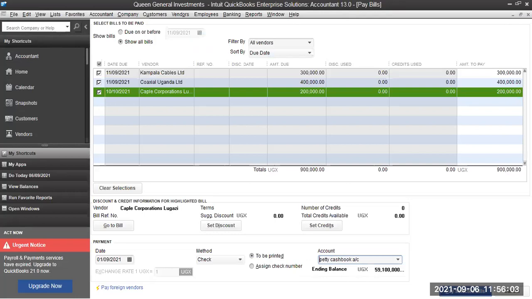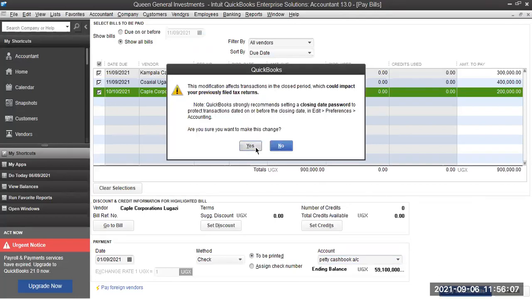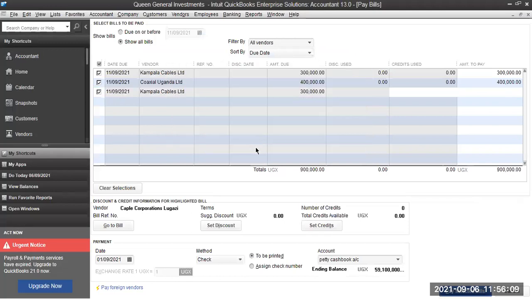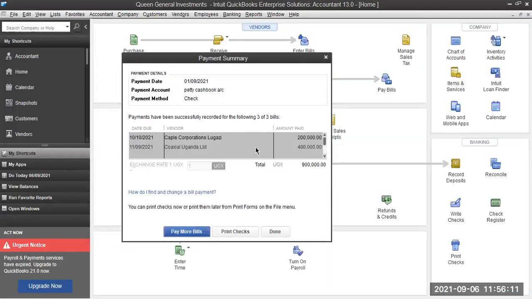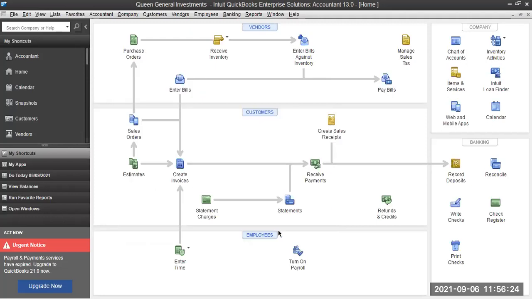Then you can say selected bills. Done. You don't want to pay more bills. You don't want to print that check. You just get done. So let's come back to the list.